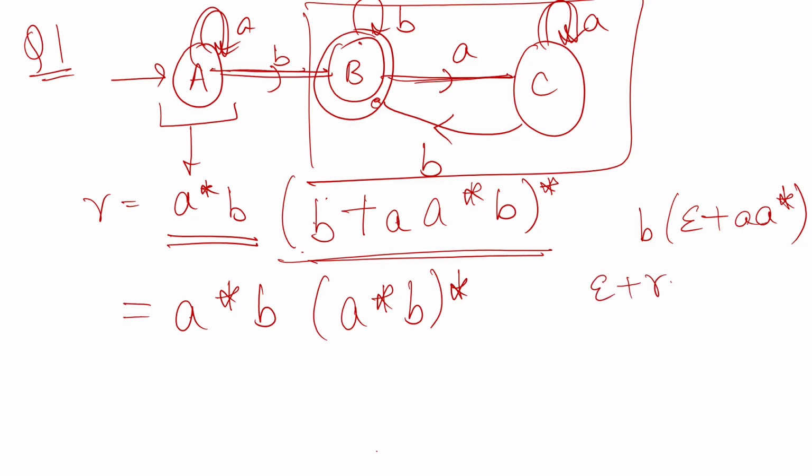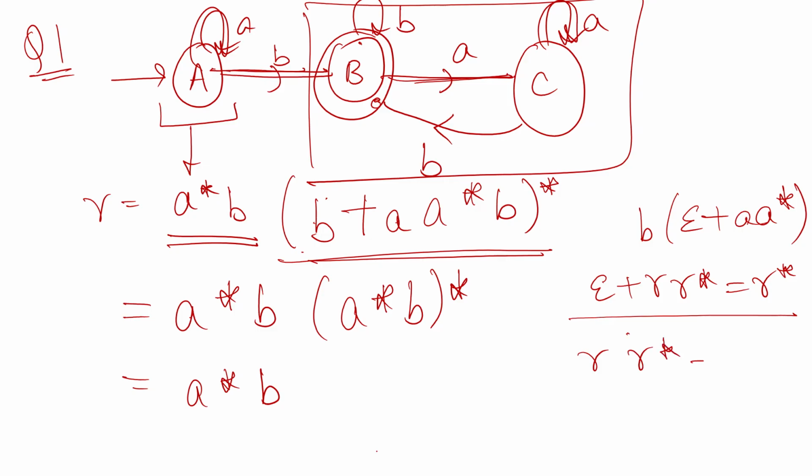I'll write that epsilon + R* = R*. So by this property we get this, and now R into R star gives us R plus. R plus means the empty string will not be accepted. So A* B+. I'll erase this extra part. So this is our answer.